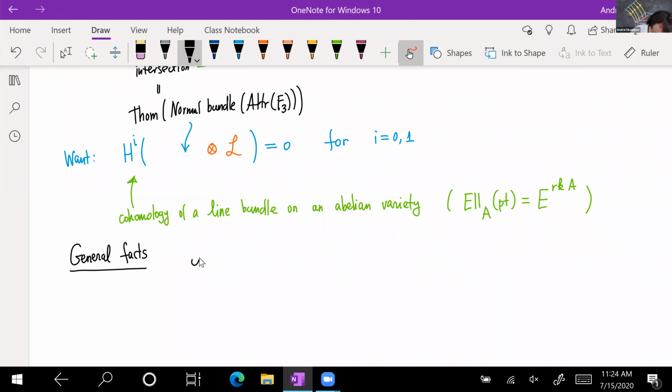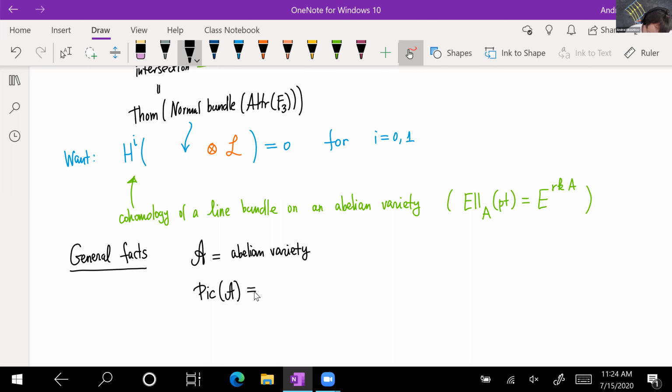So let A be an abelian variety, then its Picard group is a group of line bundles that is... I want to write a product, but it's not exactly a product.